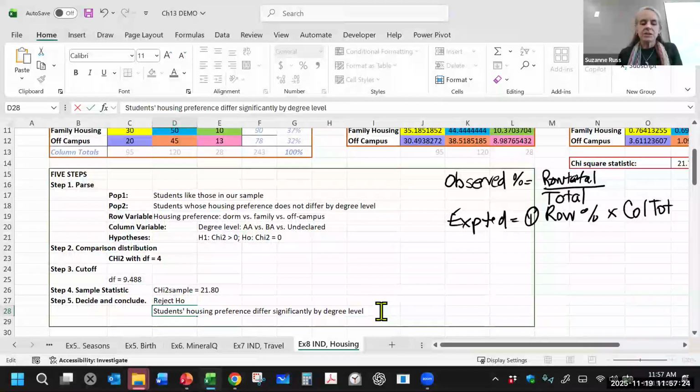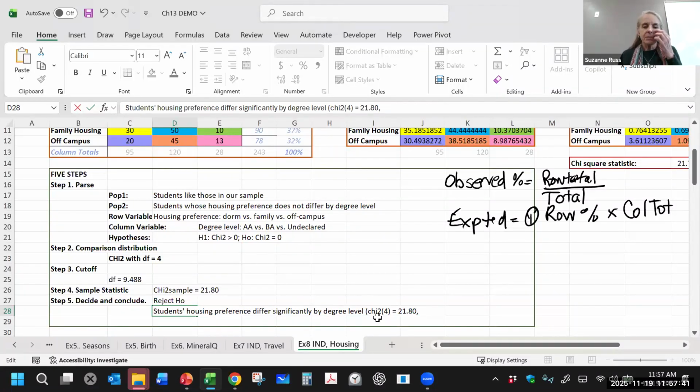And then we can put our statistic, chi-square. I'm going to show you one more thing at the end of this that real researchers would do for sure. Chi-square, our degrees of freedom was 4, equals 21.80.